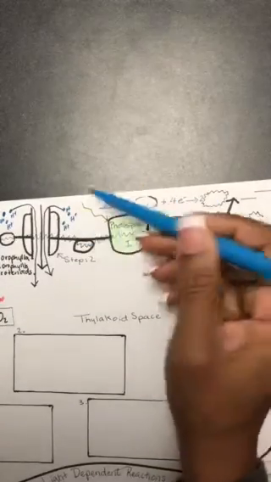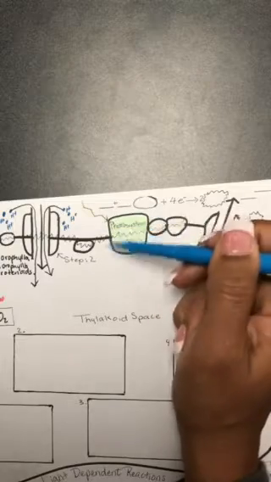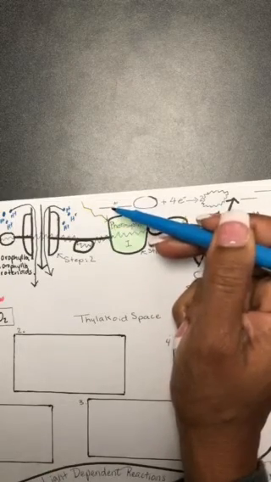Okay, so you know there's protons hanging outside of the thylakoid membrane, out inside the stroma.